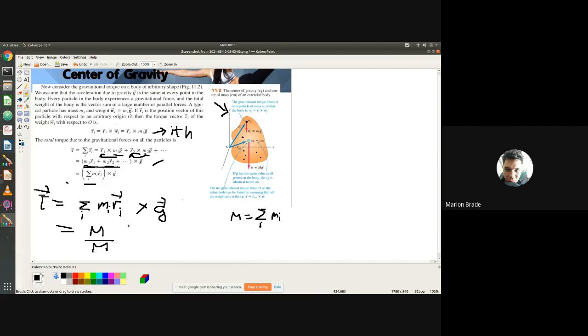So I put the summation of M I R I cross G, and I divide it by M, and M goes with G. So I can write this like so.